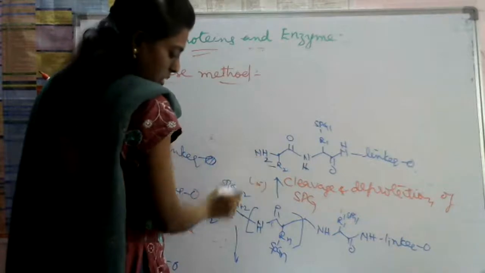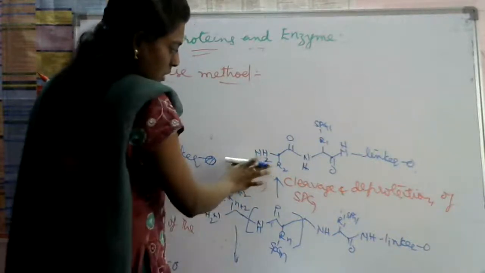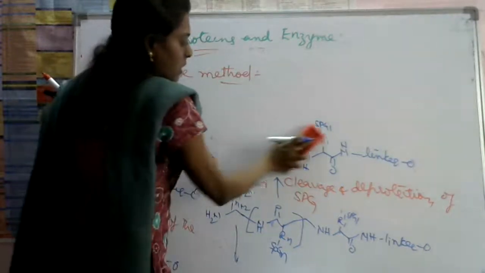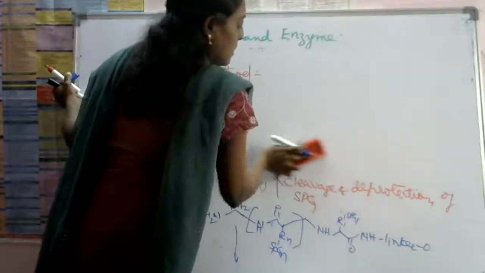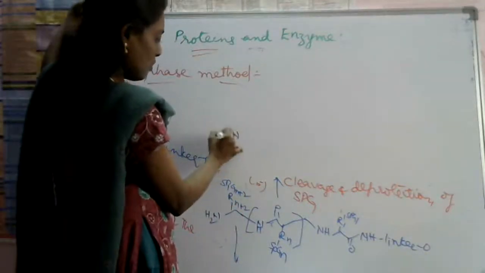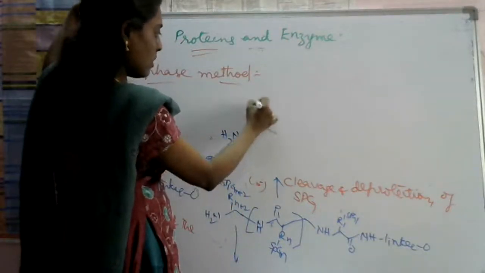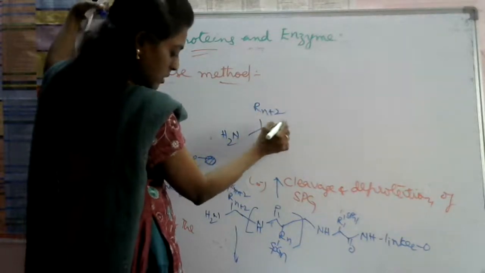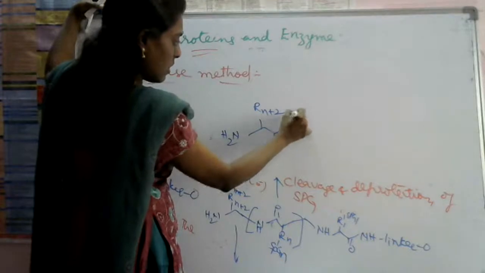Here NH2 is there. Rn plus 1. We'll write again NH2, R n plus 2, double bond.